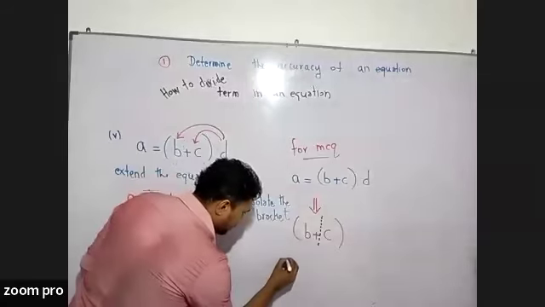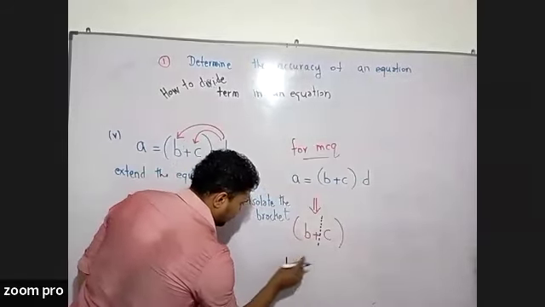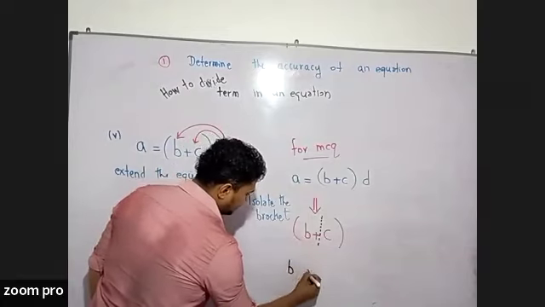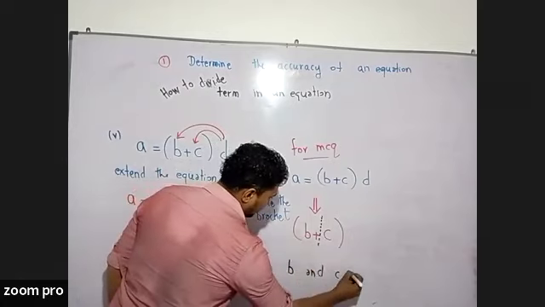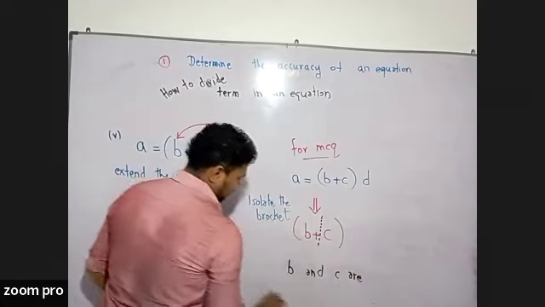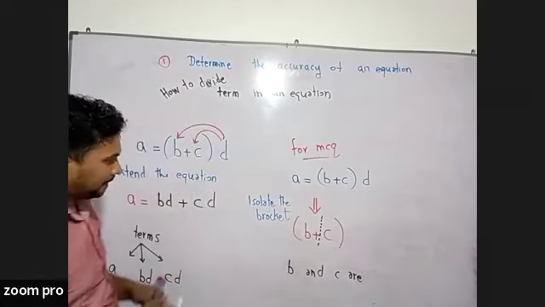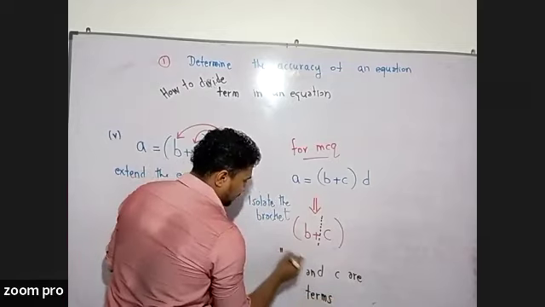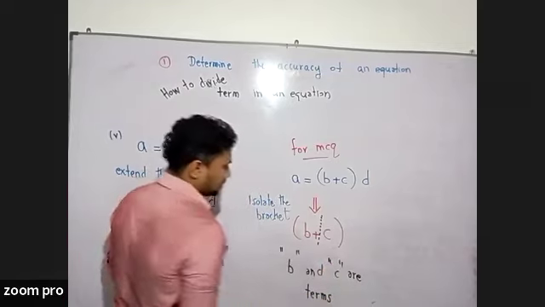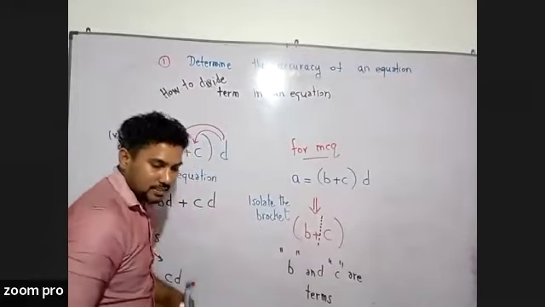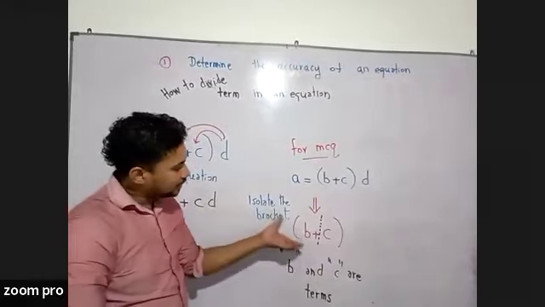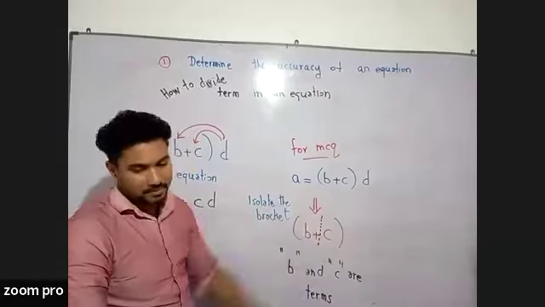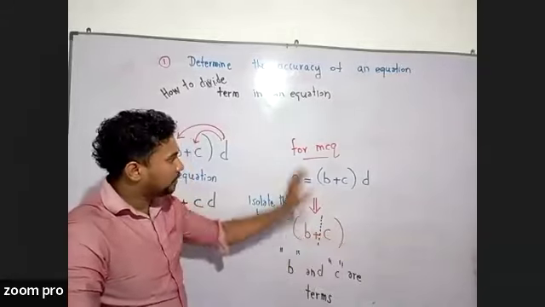So therefore, we can consider that B and C are terms, right? This kind of thing is only useful in an expression including a bracket, and specifically for the MCQs.